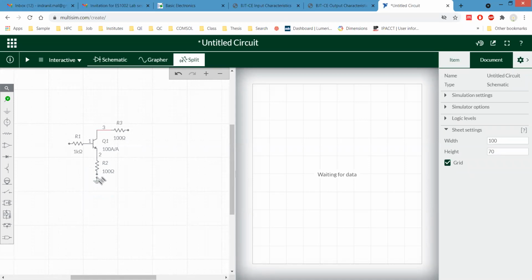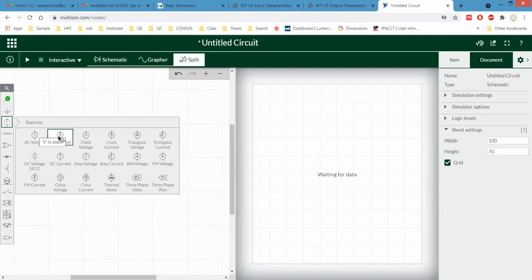Let me connect this. Yeah, it is grounded. Now what we have to apply is a DC voltage, or you can say a voltage source.